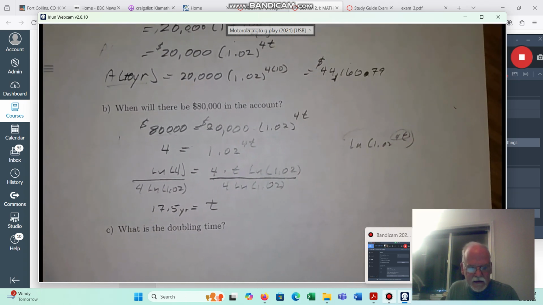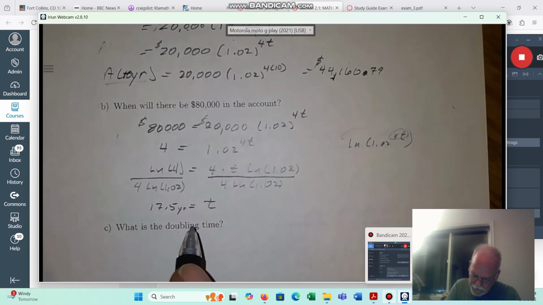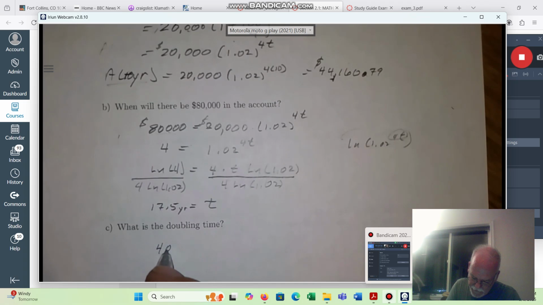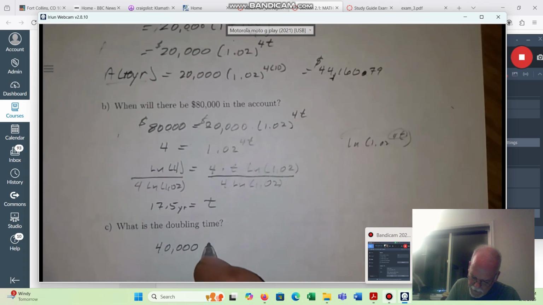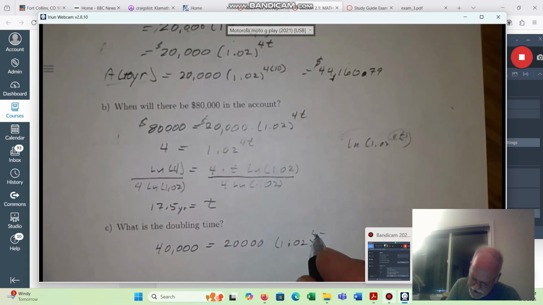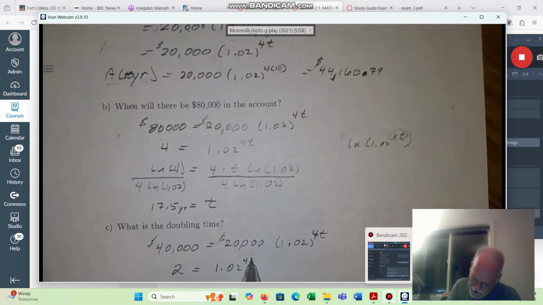How long will it take to double? Well, if I start off with $20,000 and it doubles, that'd be 40,000 equal to 20,000 times 1.02 to the 4t. Again, I'm going to divide both sides by $20,000, and I'll have 2 equal to 1.02 to the 4t.